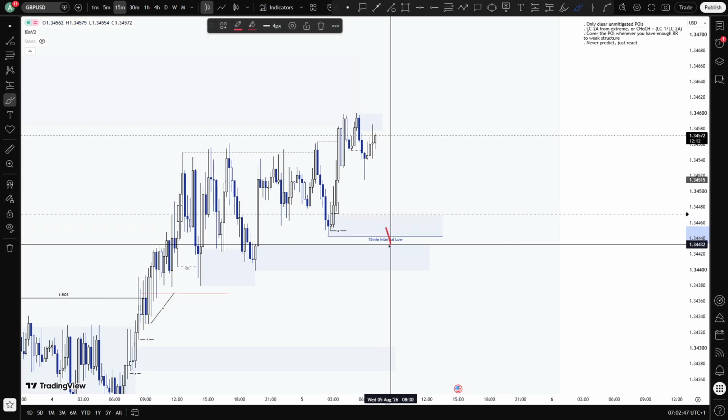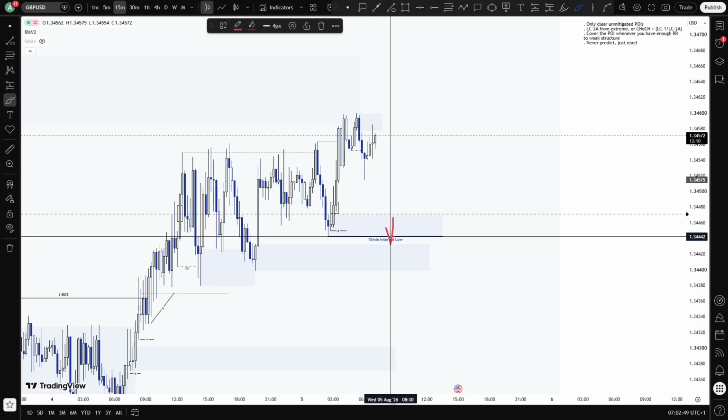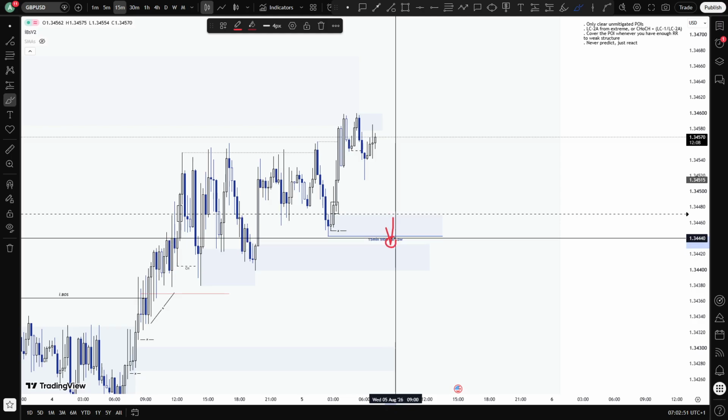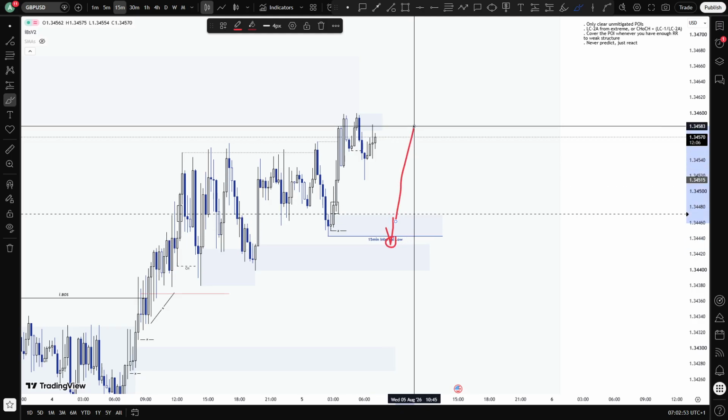So yeah, we could just see that big wick reaction without any close to the downside and then continuing to the upside.